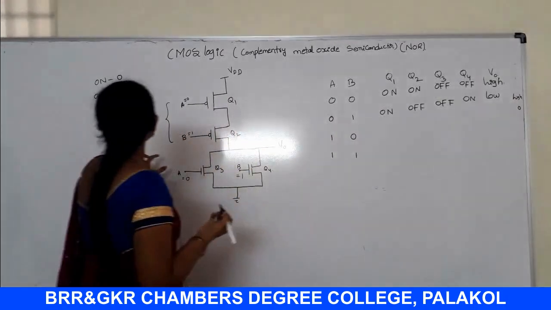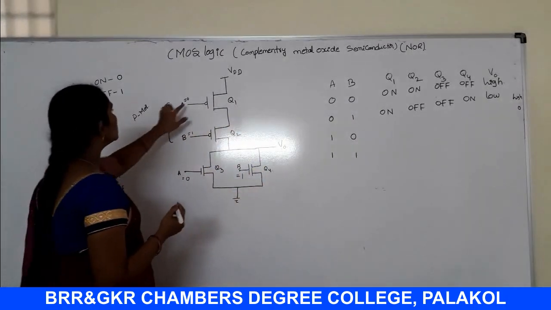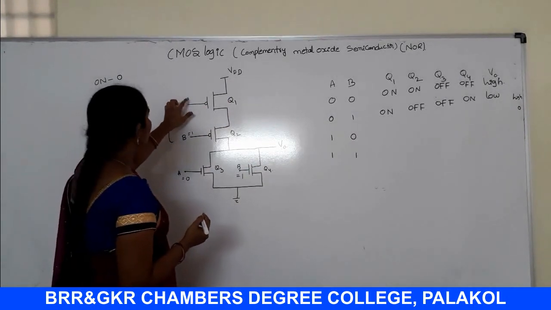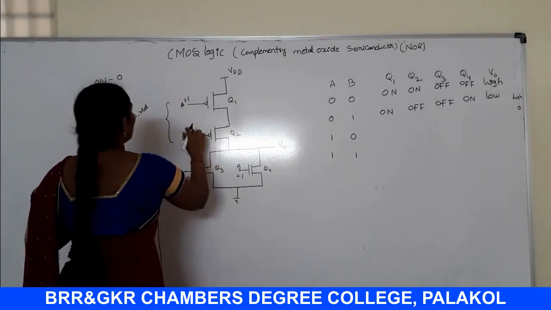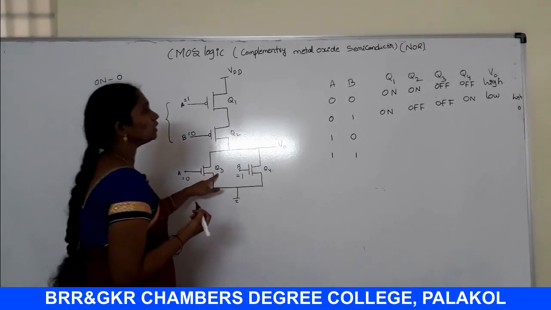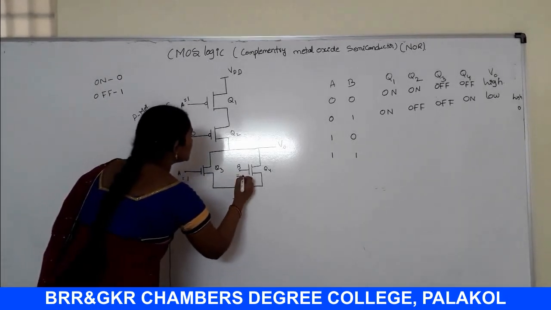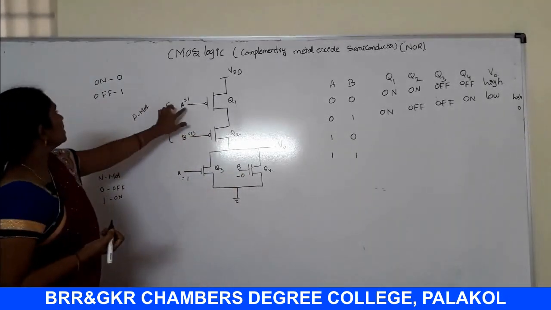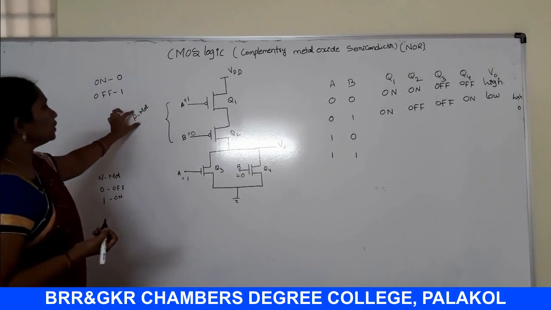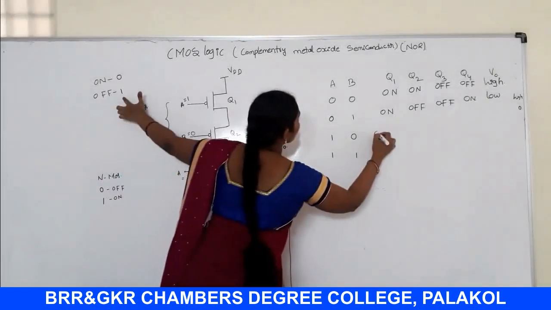Okay, after that the next condition is 1 and 0. When you apply this, A is 1 and B is 0 here. When we apply 1 to this PMOS transistor, the PMOS transistor is in the off condition.